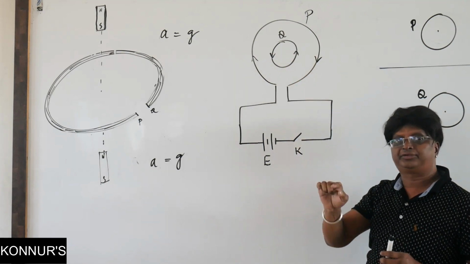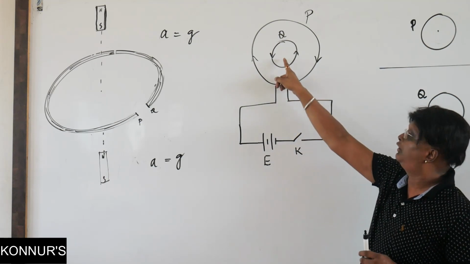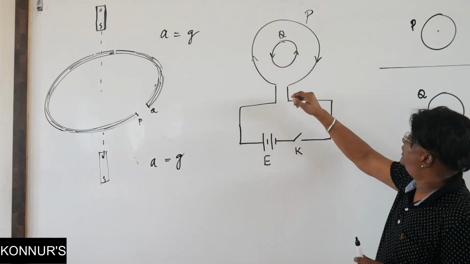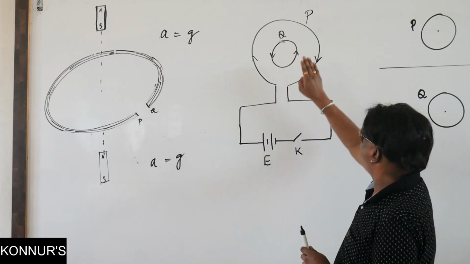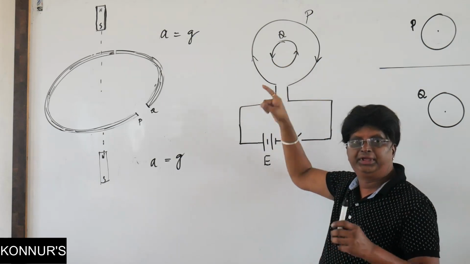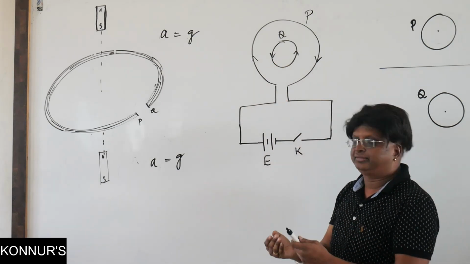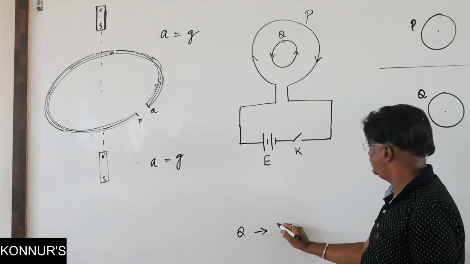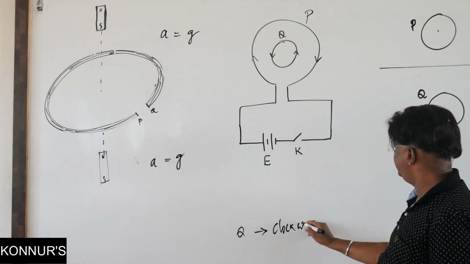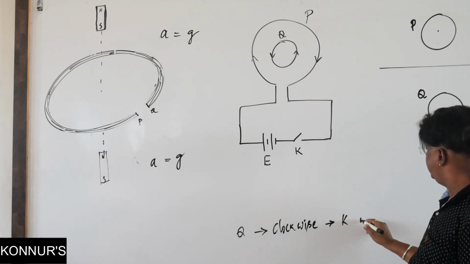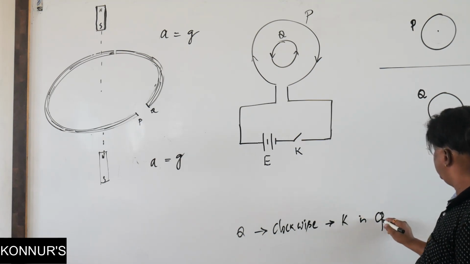Again, the decreasing flux is to be opposed by this coil by Lenz's principle. Therefore, you remember earlier due to the current it was inward flux. When it decreases, it should increase. Therefore, once again, Q will have a clockwise current. Induced current will be clockwise when the key is open.